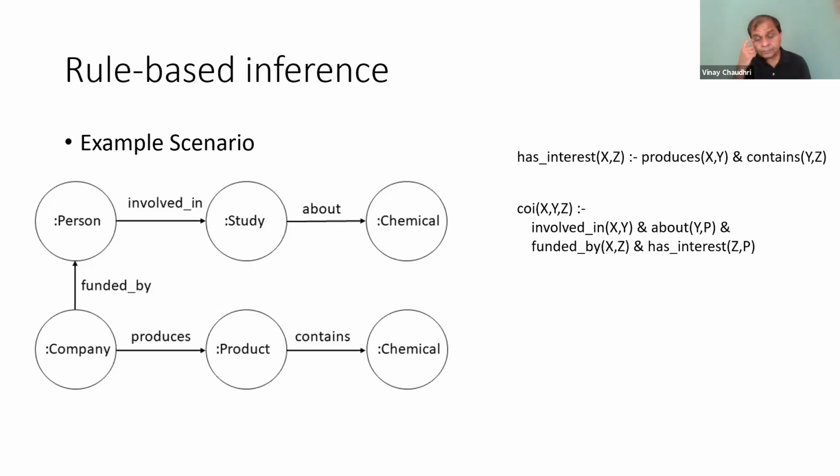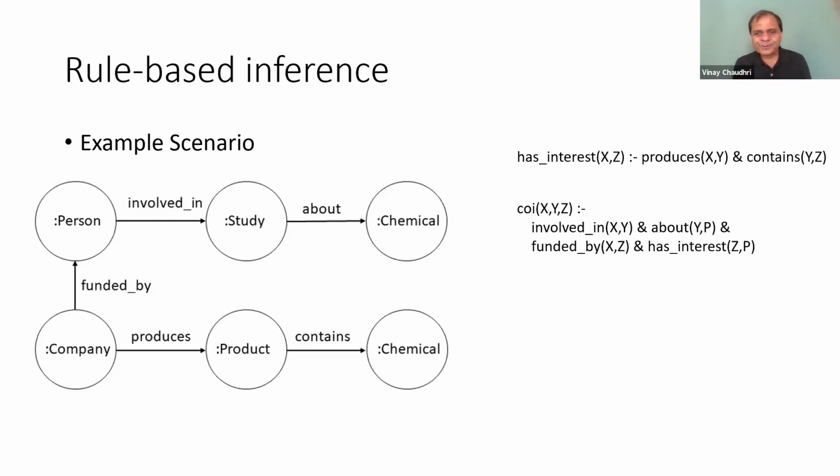Now, in this example, if we use a rule-based approach to doing the inference, the conflicts of interest that we would derive would not live in the knowledge graph. But it doesn't have to be that way. Some people would say that, well, I want the result of my query to also be a knowledge graph. I want to calculate the result, and then I want to put the result in my knowledge graph.